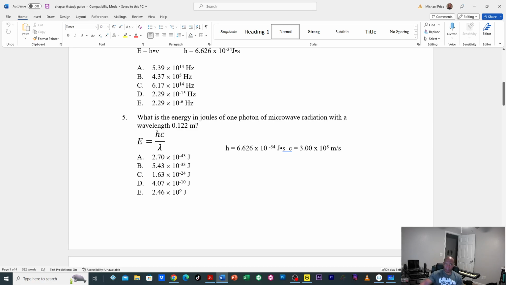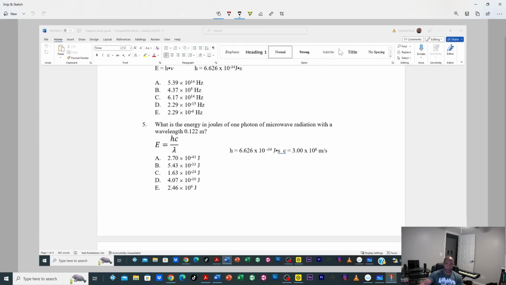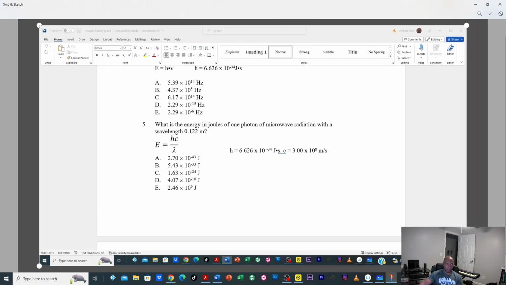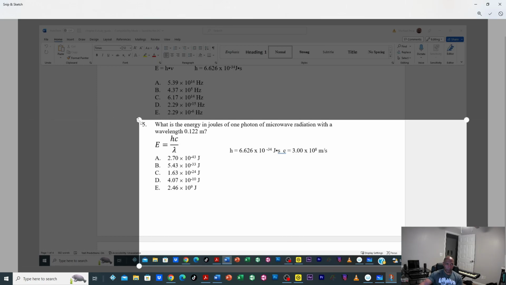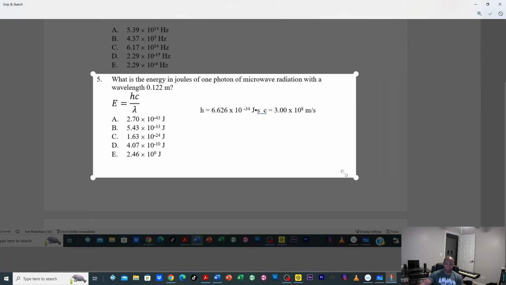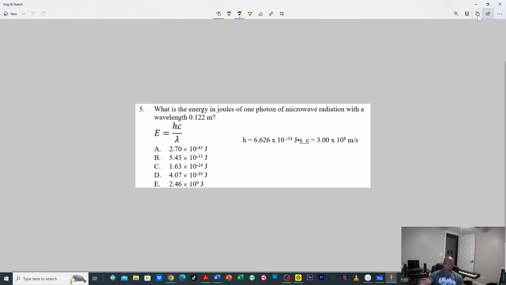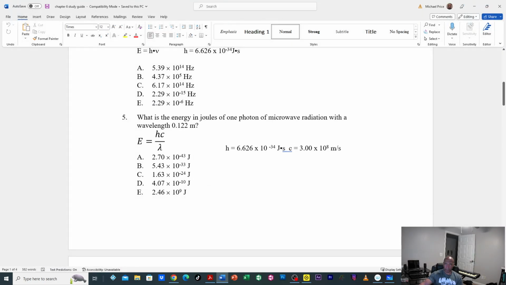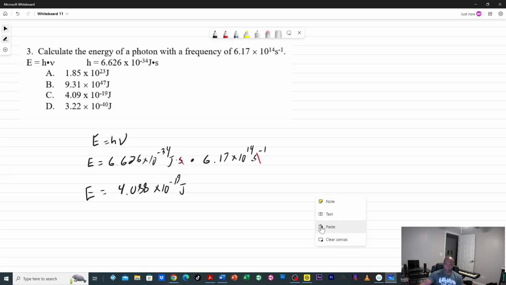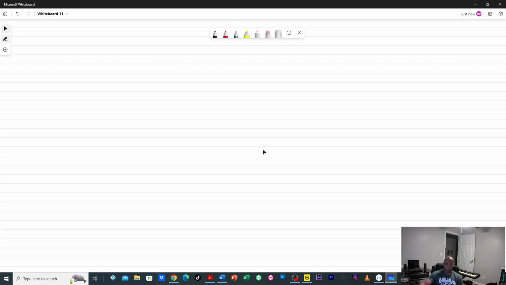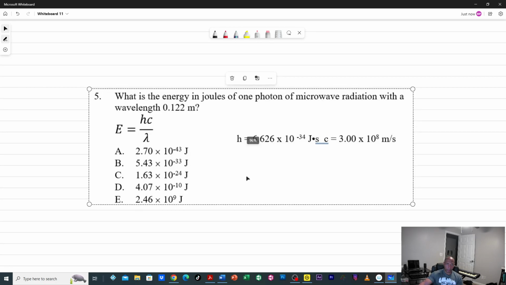Okay, and they give you this nice fancy equation relating energy of a photon to the wavelength of said photon. So let's see what we have here.